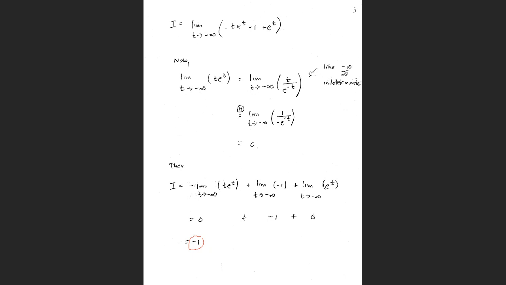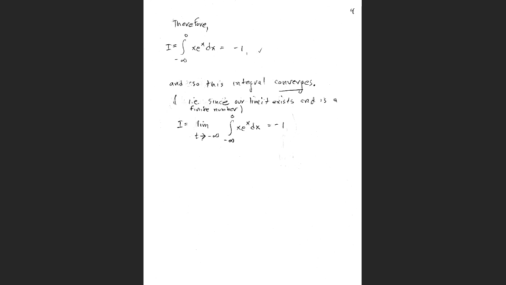All right, are there any other good questions? Yeah, the problem asked if it converges or diverges. How do we know if it does either one? All right, good question, Jonathan. Let me go to the next page. The area is -1, and this is a finite number. It's a finite amount of area.